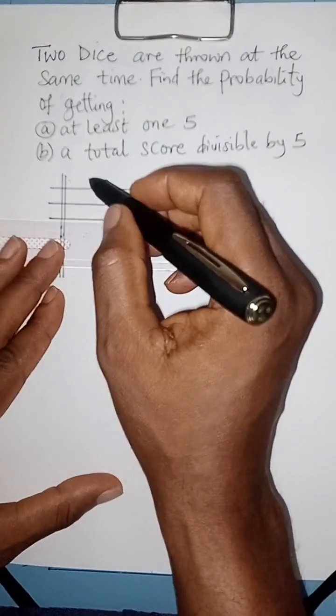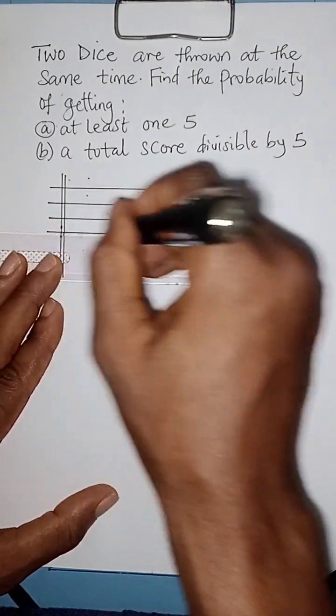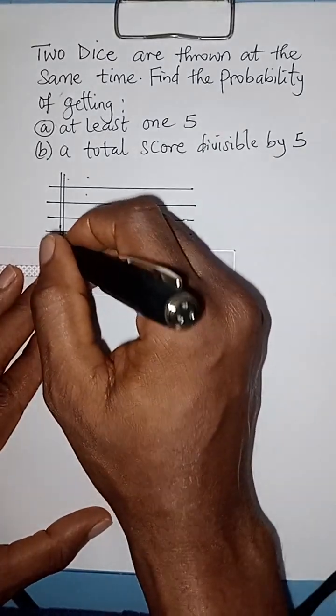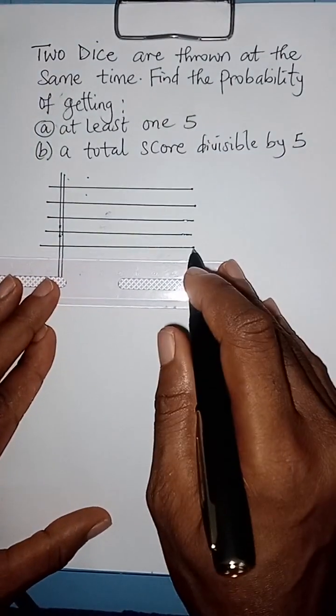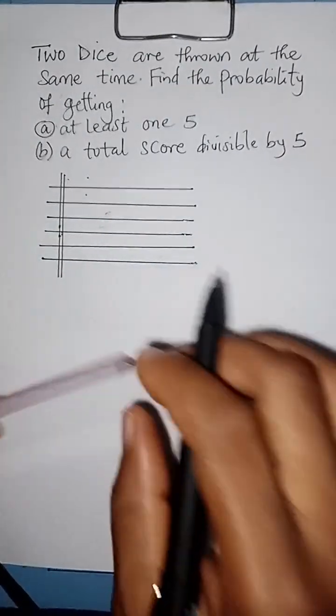And it says 1, 2, 3, and let this be my 4, and let this be my number 5, and let this be my number 6. So that's it.